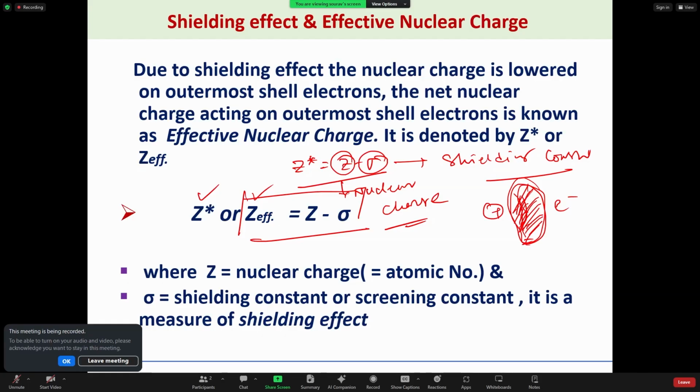If we know that value and remove it from this nuclear charge, then we will get this effective nuclear charge. So this Z effective nuclear charge actually is what is felt by this outer shell electron.